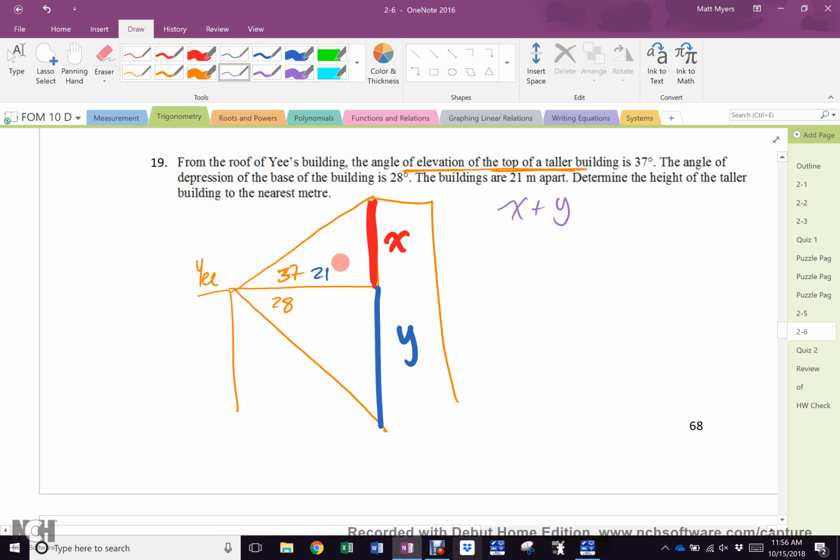X is opposite over adjacent. Since I know the denominator, X is 21 tan 37 plus Y, 28 tan 37. And the answer is something like 23, 27. Great.